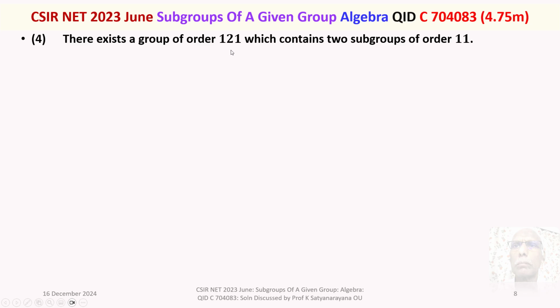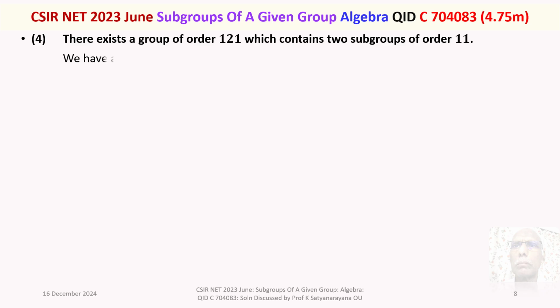And every group of order 11 squared is abelian. For an abelian group of order 11 squared, they are isomorphic to either Z11 squared or the external direct product of Z11 with itself.